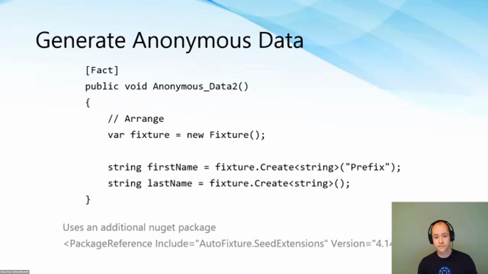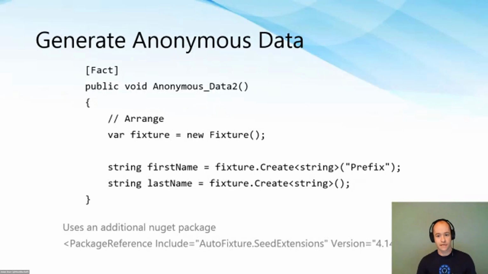You can also, with an extension package, allow you to prefix things. So, for example, if you start debugging and it just says this GUID doesn't equal this GUID, then it's quite hard to see what you're trying to achieve. But what you can add is a seed value or a prefix value to the string.